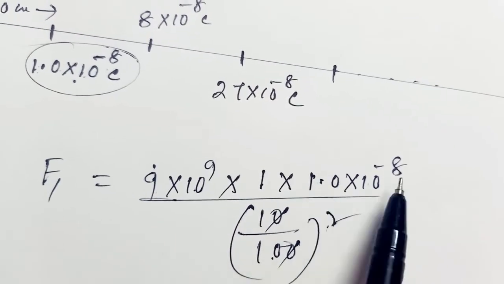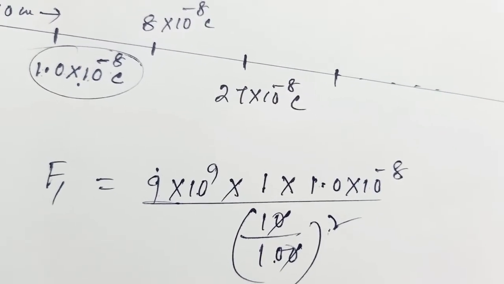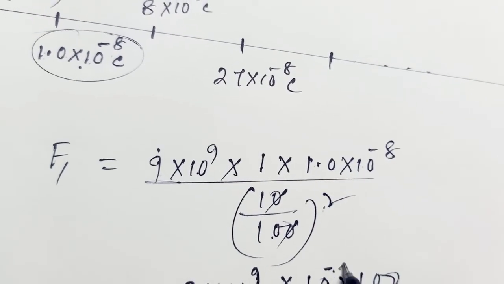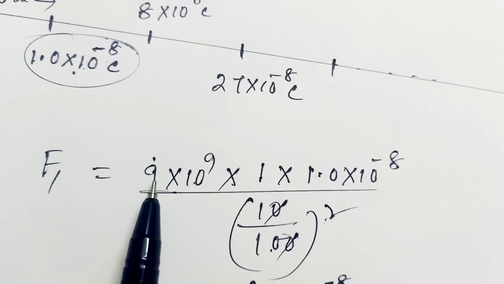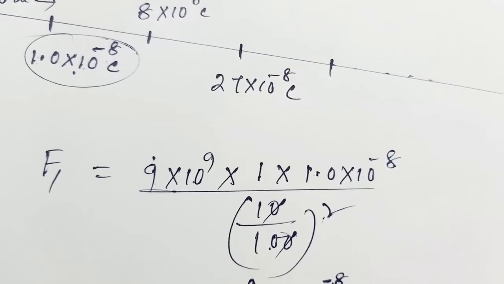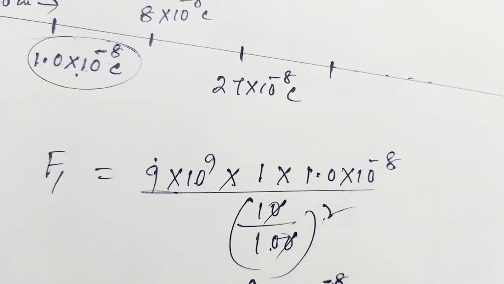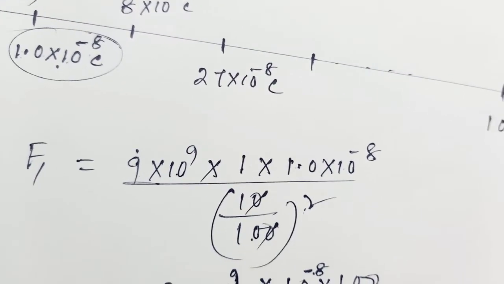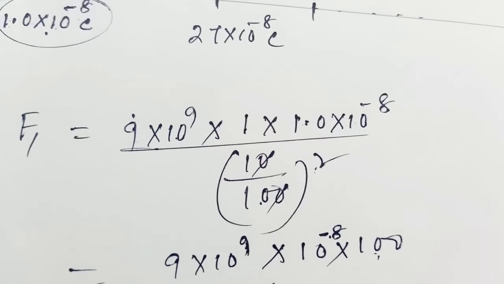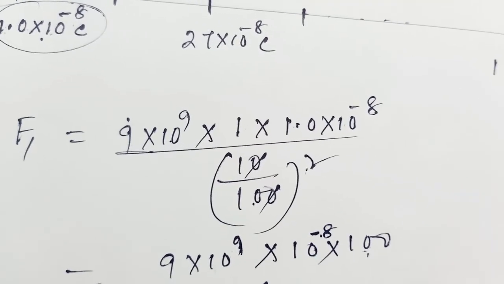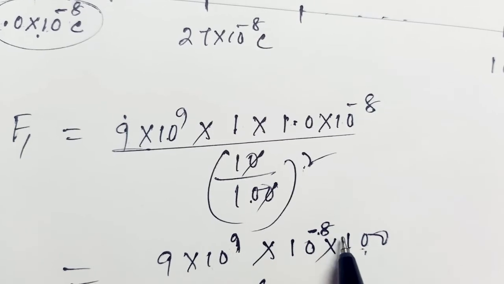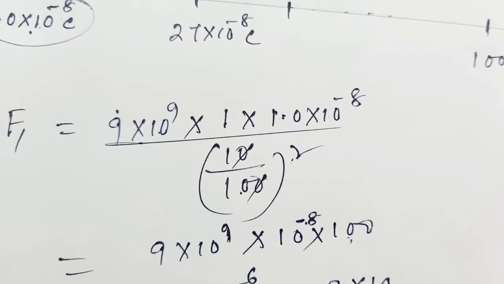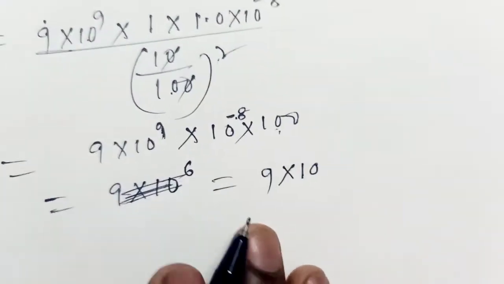So 9 into 10 to the power 9 into 10 to the power minus 8, yes, that was a mistake earlier, into 100, so the value is 9 into 10.